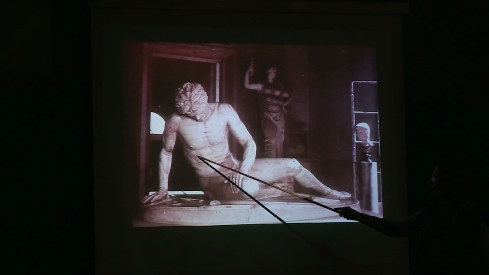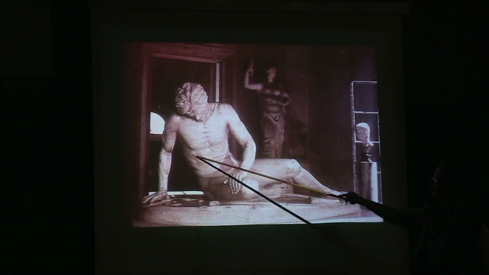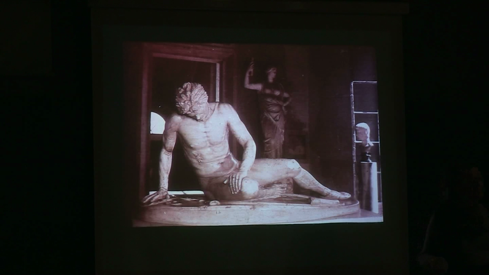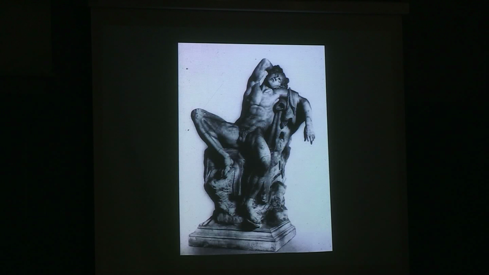Even the wound is shown. There's a wound in the chest, and the blood is coming out from the wound. So there is a realism, the realism together with the emotion, the sense of drama, the use of unusual subjects. Everything goes. I mean, suddenly the whole repertoire is opened and expanded.